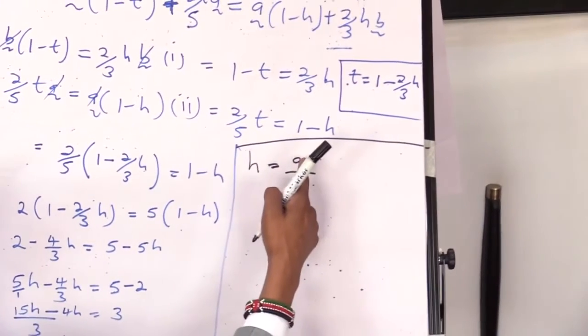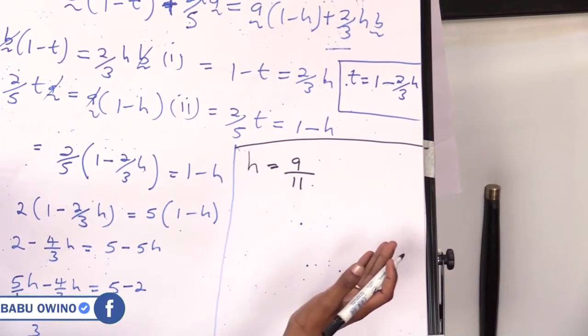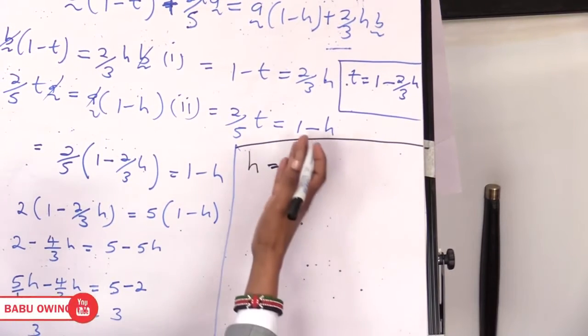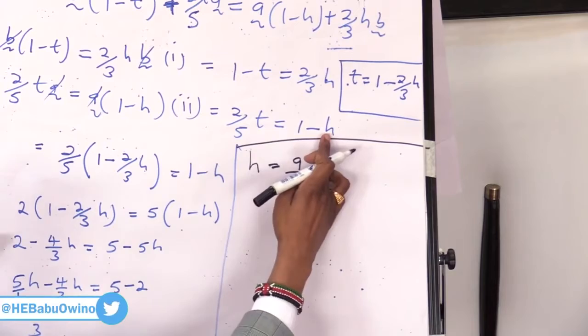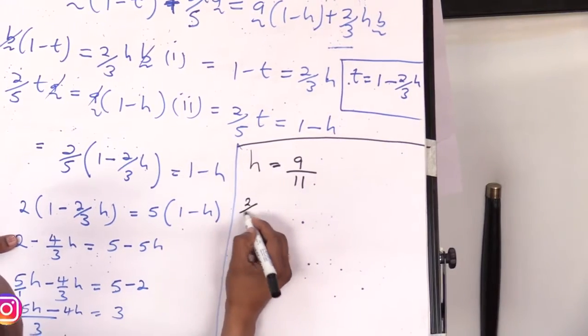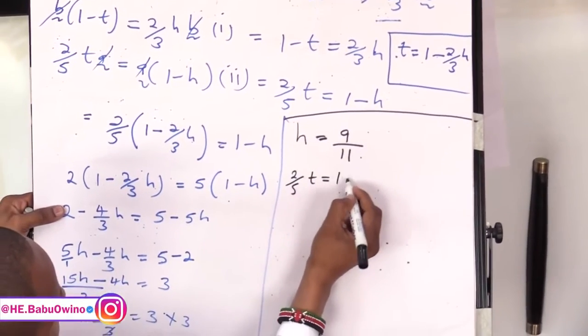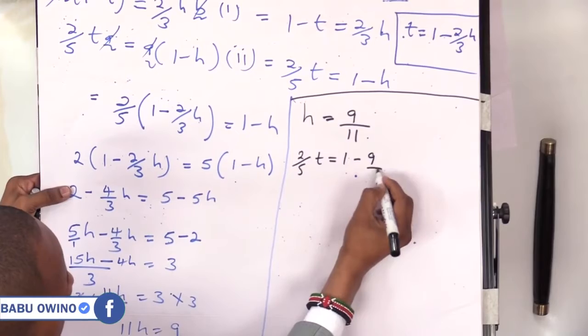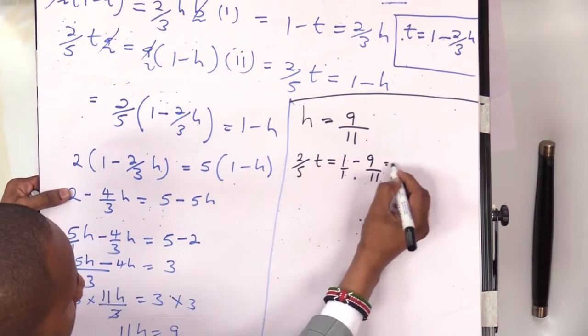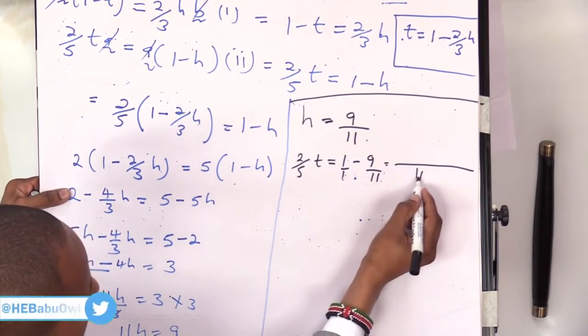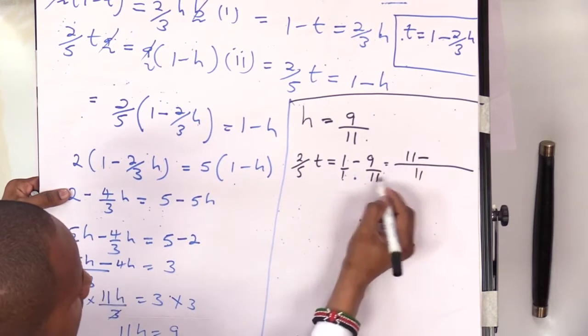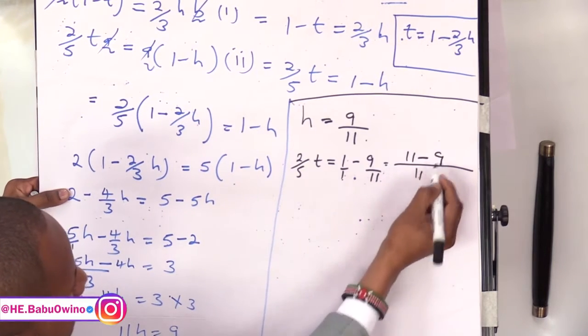So after getting h as 9 over 11, what is our value of t? Our value of t, simply replace where h is with 9 over 11. So you come here and say 2 over 5t equals to 1 minus h, which is 9 over 11. So solve this side. LCM is 11. 1 into 11, 11 times 1 is 11, minus 1 times 9 is 9.